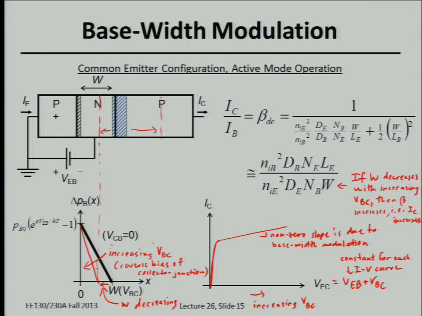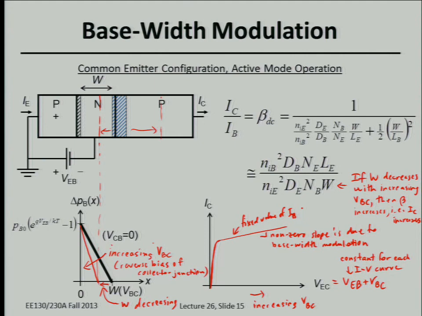And if you want to rely on equations, beta, the current gain, which determines IC, for a fixed IB. Remember, each curve is for a fixed value of IB. This base width modulation effect will cause, for a fixed IB, IC to increase because beta increases.